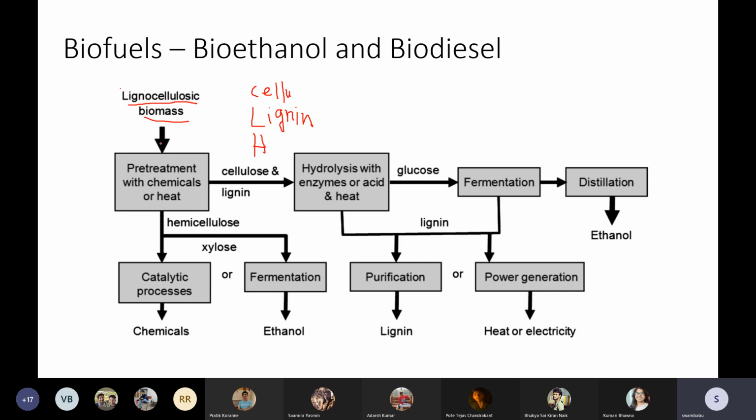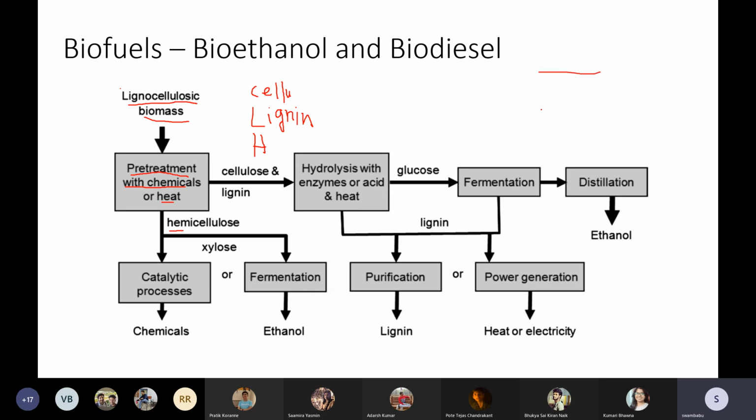If you do pre-treatment with chemicals or simply heating, you can isolate the hemicellulose from the cellulose and lignin. Let me explain.